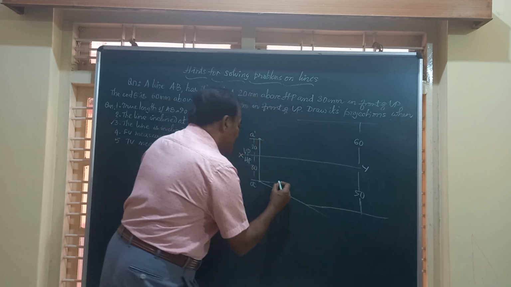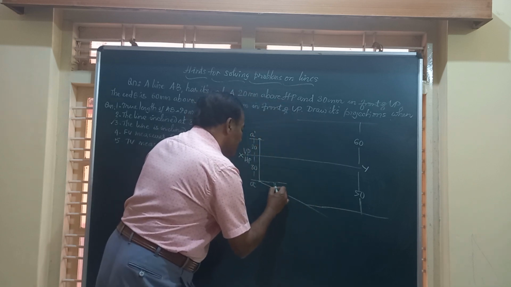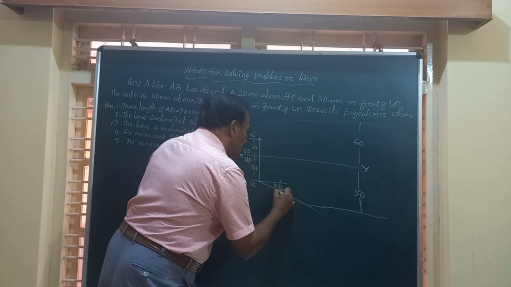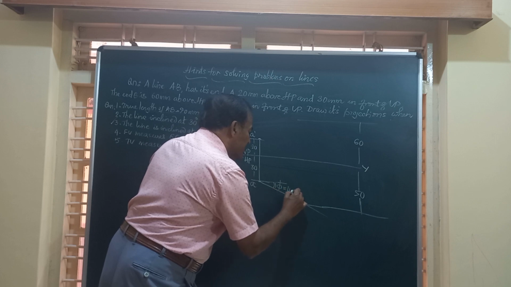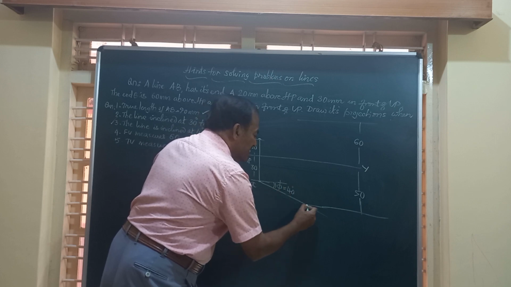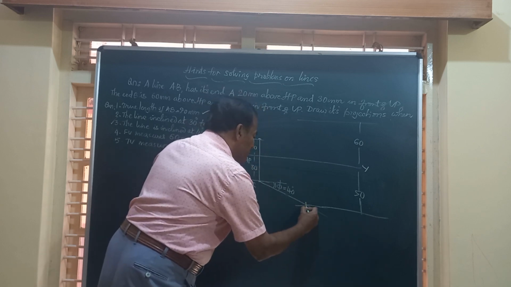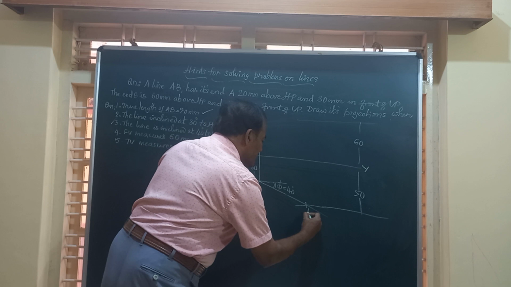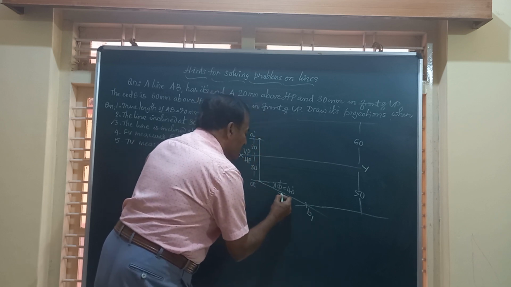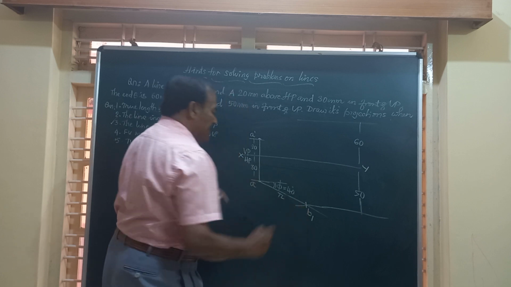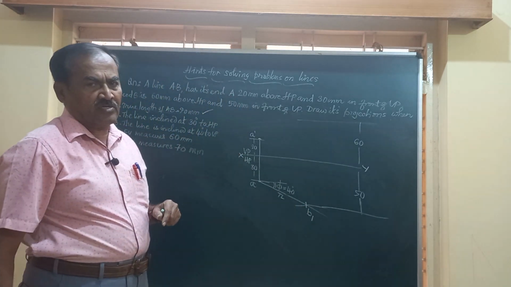So friends, if you draw this line through the point A at an angle phi equal to 40 degrees, it intersects the locus of the end B at this point. And friends, this is going to be your B1, and this will give you the true length of the line AB1.